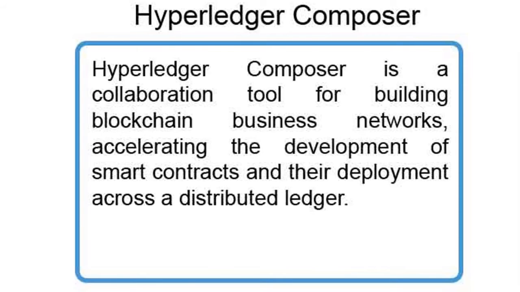This is a tool which is used for building business applications on top of the deployed blockchain. So basically when we talk about Hyperledger Composer, we are actually relating it with the smart contracts itself. It's a very easy to learn tool which will help you to create the business applications or your logical calculations which you can use to build up the contracts and deploy across a distributed ledger.